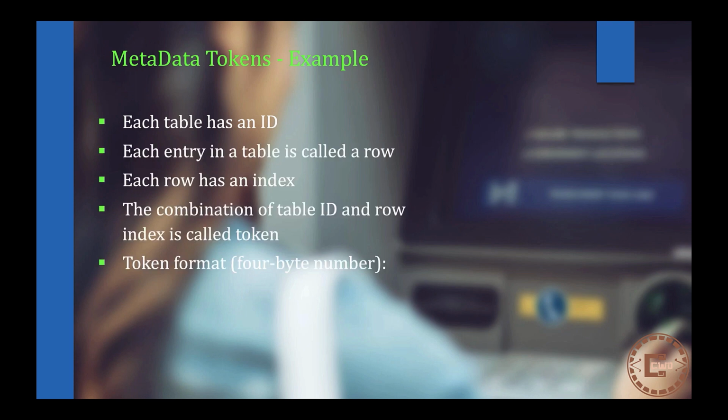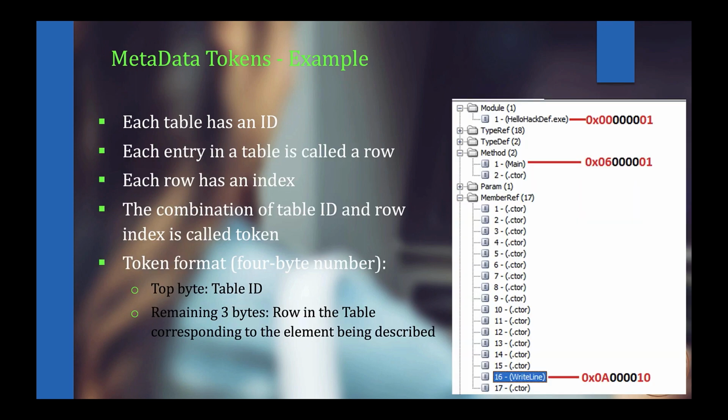So imagine that we have a program called Hello HackDev. You see here this 00, that's the table ID that we're calling here. So we have a table ID and an index ID. The table ID is on the left side, 00, and the index ID on the right side.